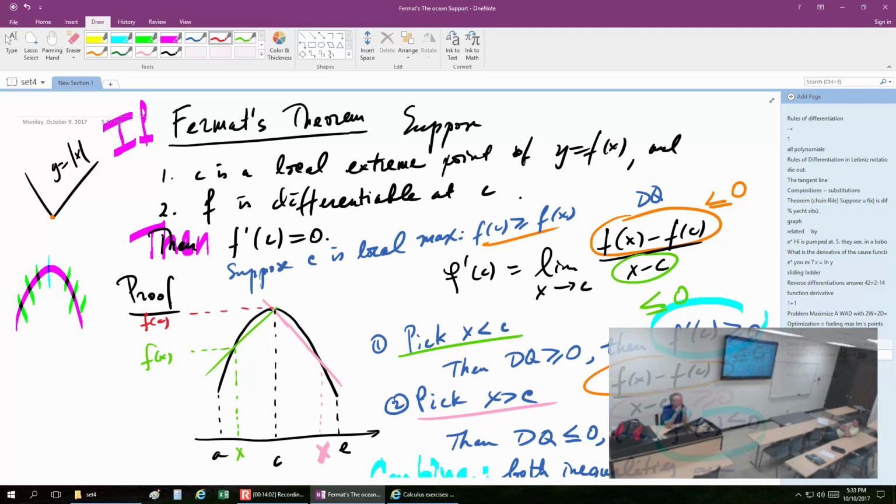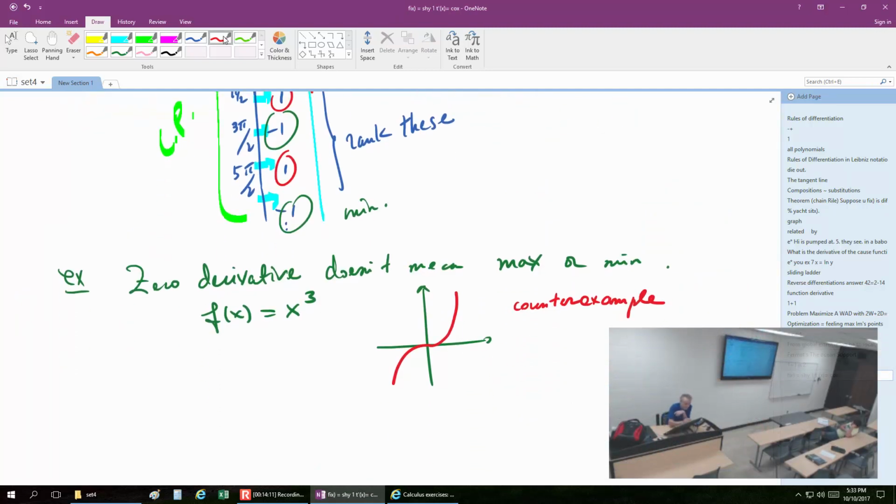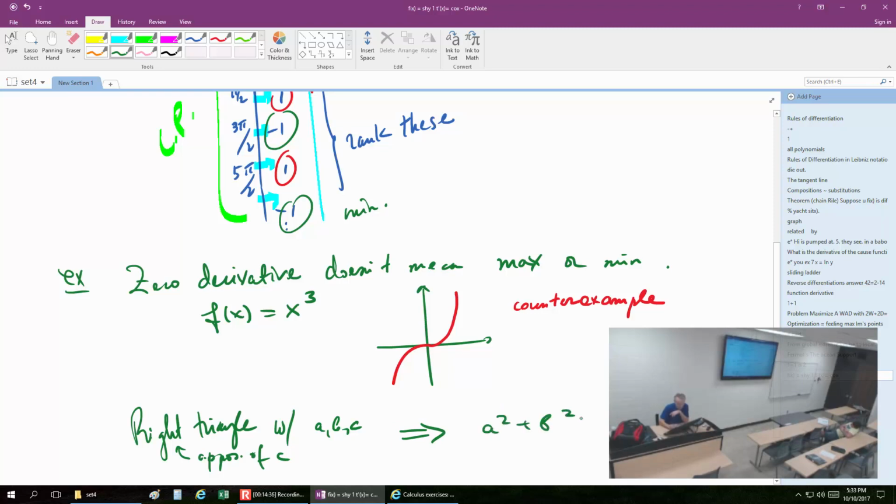even though, in reality, think about the Pythagorean theorem. What does it say? It says that if you have a right triangle with sides A, B, C, and the right angle is opposite of C, then the conclusion is that a squared plus b squared is equal to c squared.